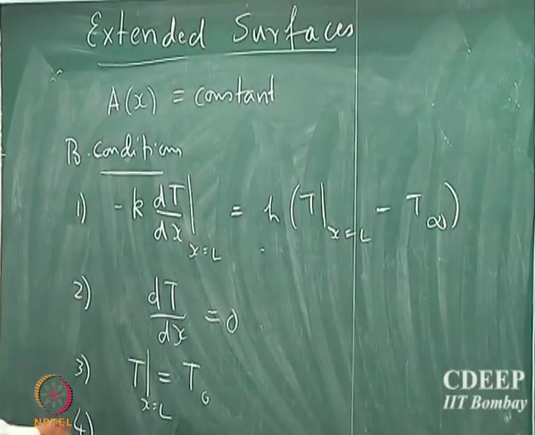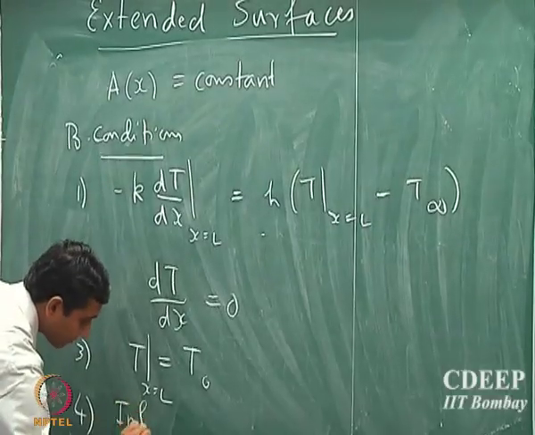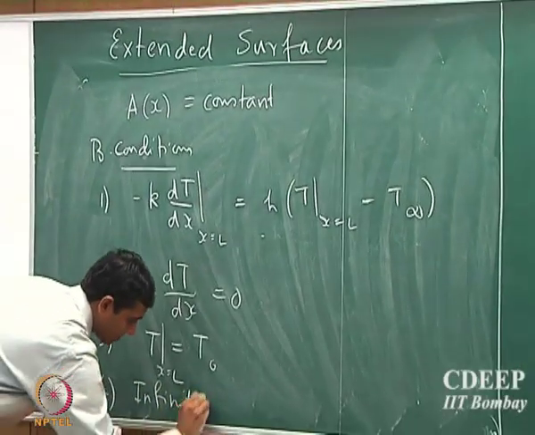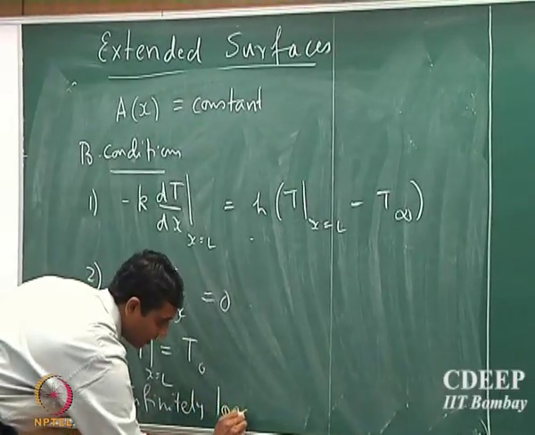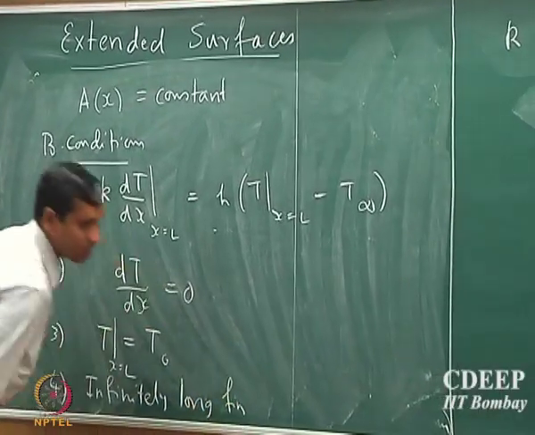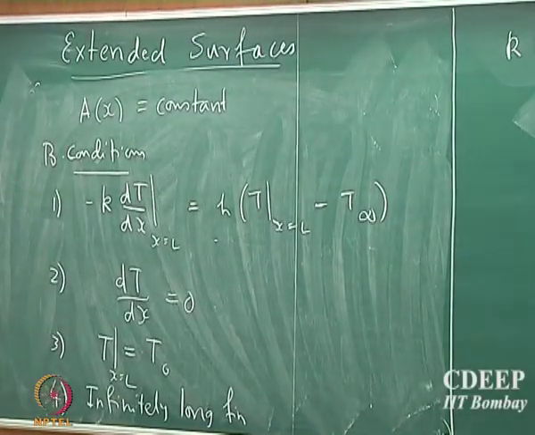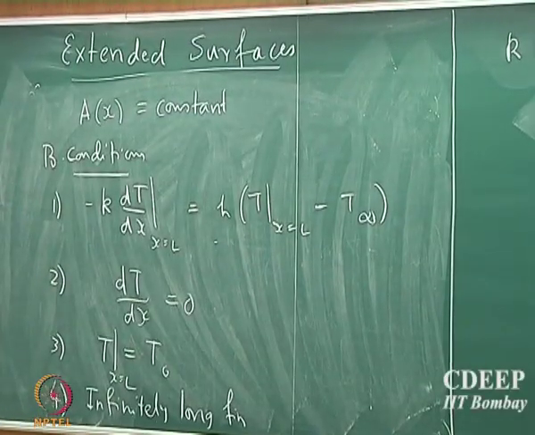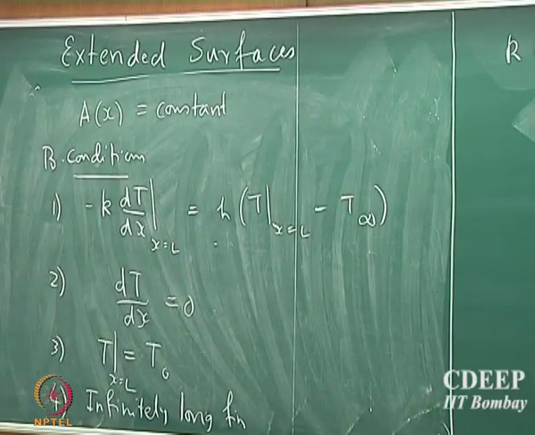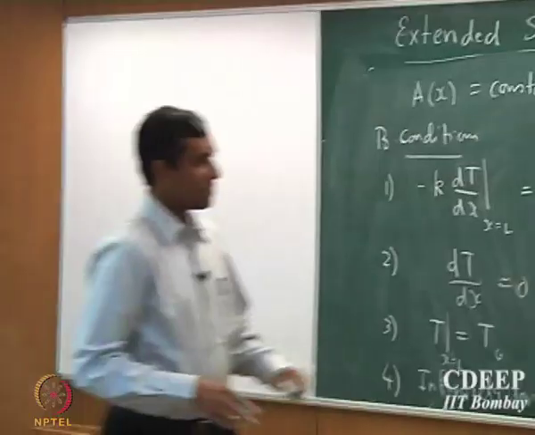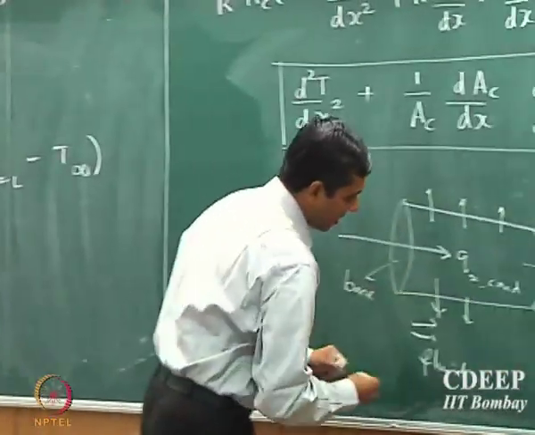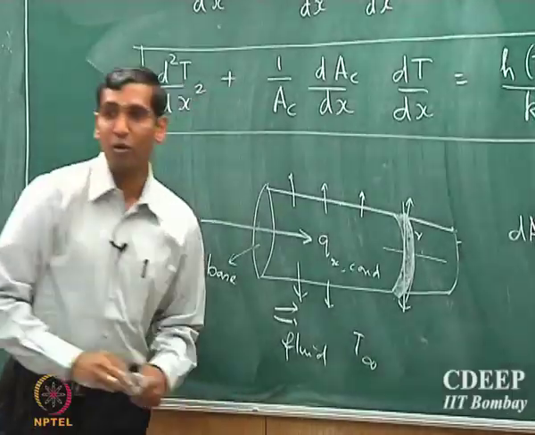Supposing the fin is infinitely long, what will be the boundary condition? If this fin is infinitely long and if the temperature of the fluid is T infinity, what would you expect?